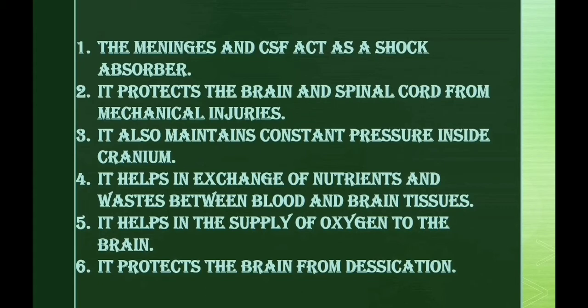So to obtain energy, CSF will provide nutrients, and in order to release that waste product, CSF will take out that waste product from the brain. It helps in the supply of oxygen to the brain. It protects the brain from desiccation.